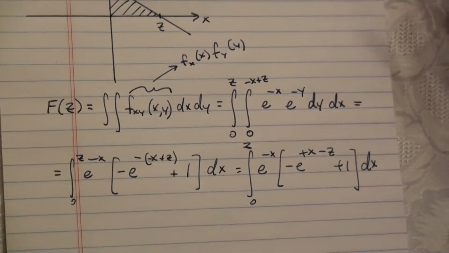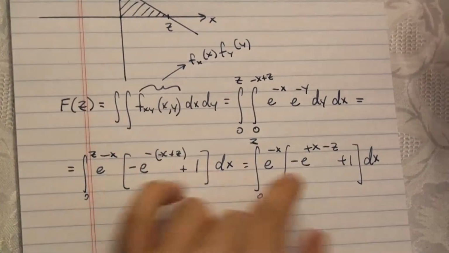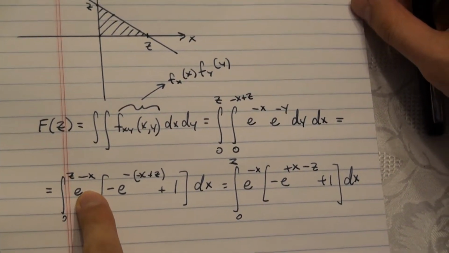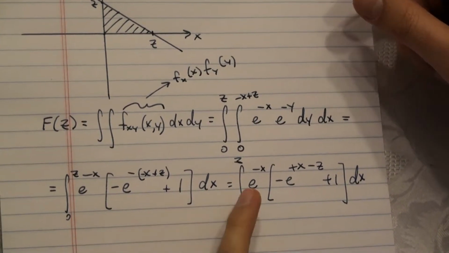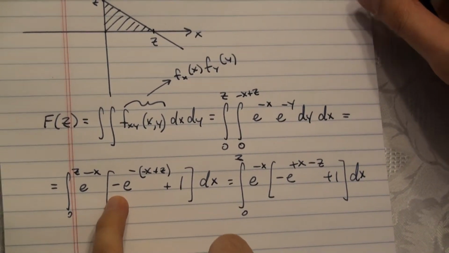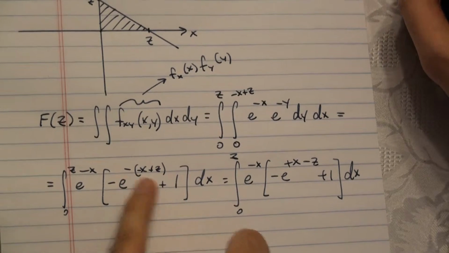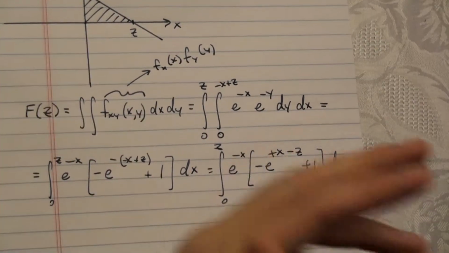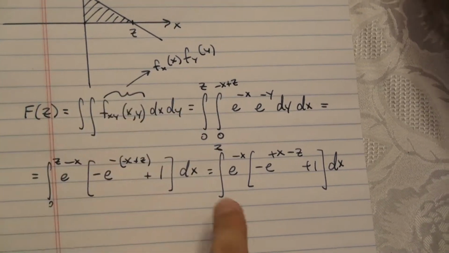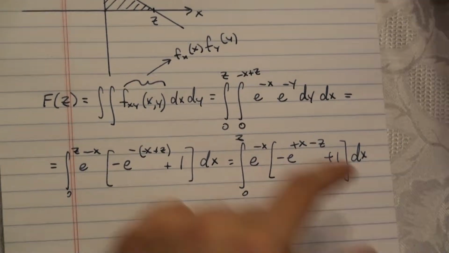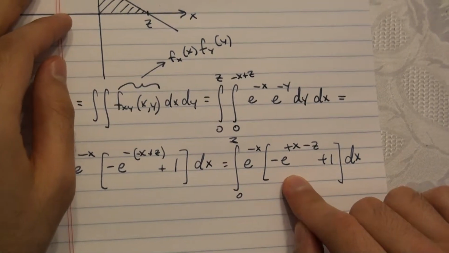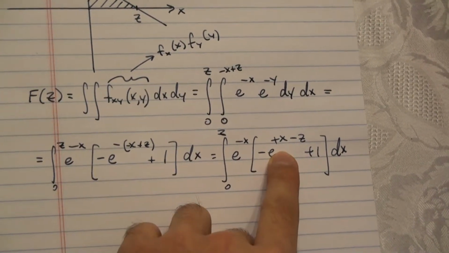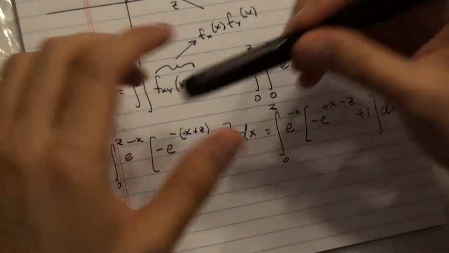So now we carry out the integral. I write the x integral from 0 to z, e to the minus x, because that's not affected by the y integral. The y integral gives us minus e to the minus x plus z, plus 1, because it's minus e to the 0. Now I'm cleaning this up a little bit. We have e to the minus x times minus e to the x minus z plus 1, distributing the minus sign.